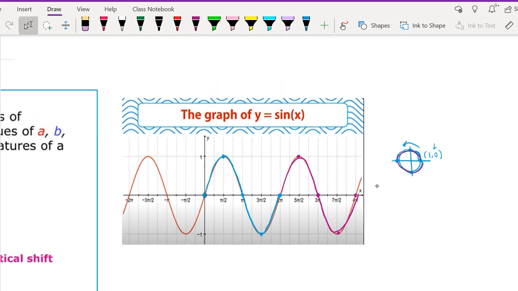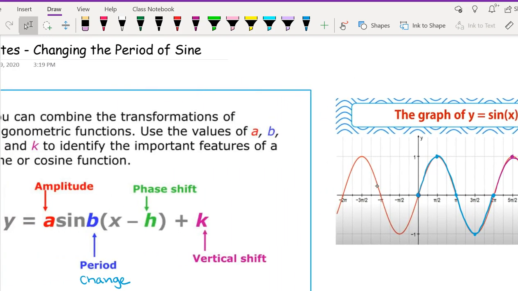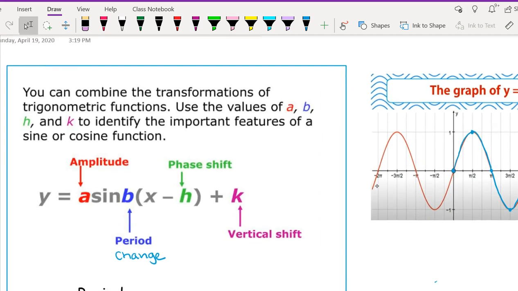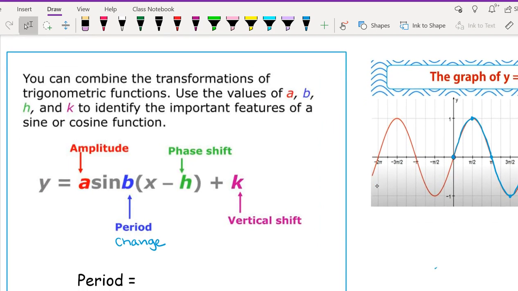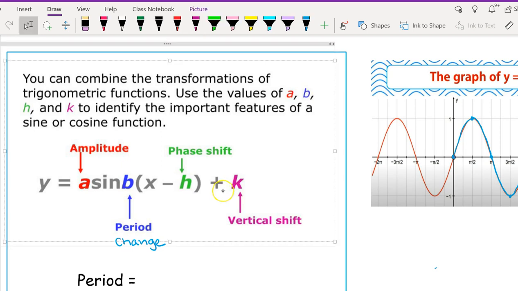All right, so what's going to happen now is I'm going to look at one of these transformed functions, and you should recognize some of these letters from other functions that we've looked at before. For instance, h and k.